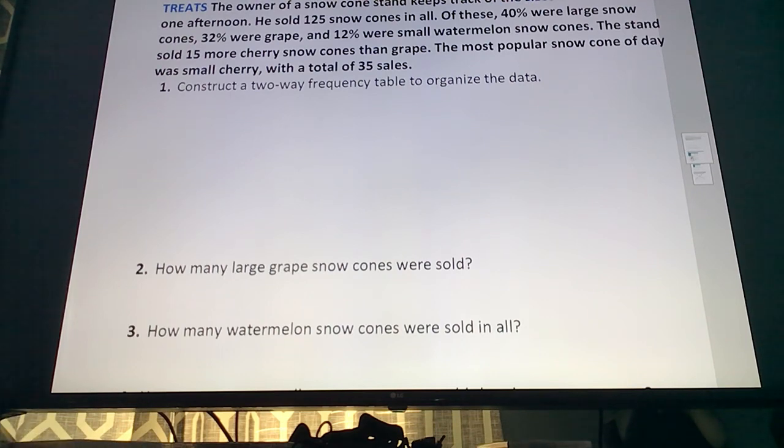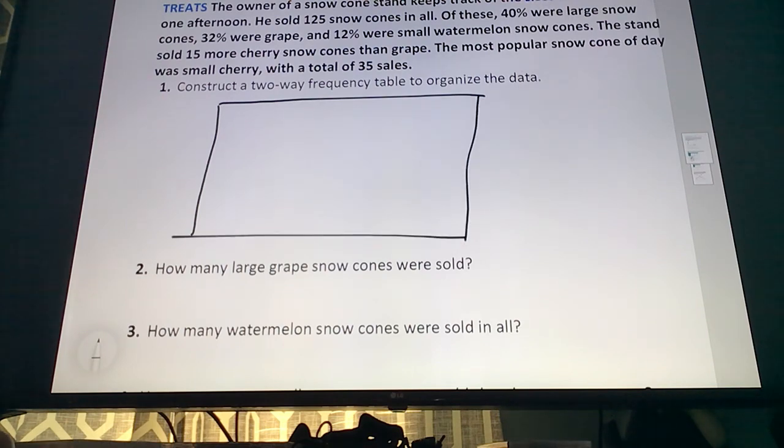Okay, so we're going to create our frequency table. And again, it sucks on here. So we've got small and large. And then we'll have this total. Okay.